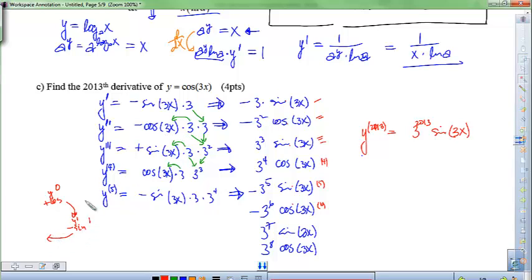Your derivative of negative sine, your second derivative here, is negative cosine. We'll call that 2. After the cosine, we have positive sine. Your third derivative is positive sine.